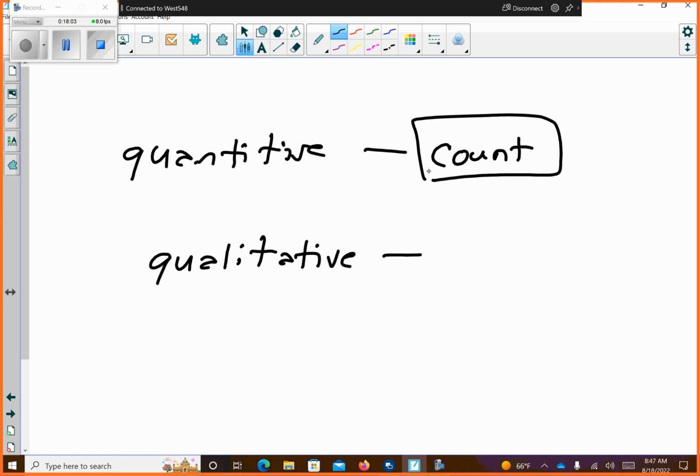Okay, so qualitative is some sort of category. So you're labeling a characteristic. So I said hair color, ethnicity, gender, the state or country of your birth, your favorite color, the make and model of your car you drive, or your blood type are all qualitative. Okay, so this is some sort of category.